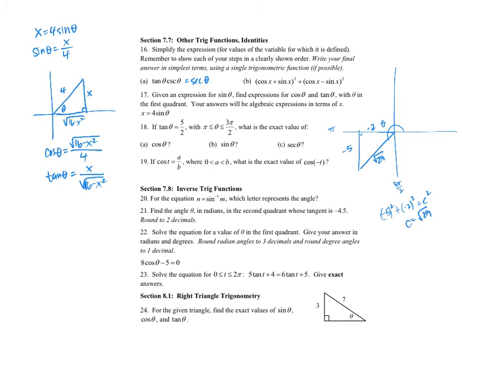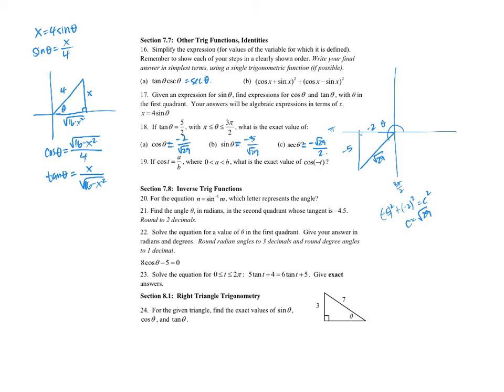Okay, and so cosine theta will be equal to x over r, so -2 over square root of 29. Sine of theta will be y over r, so -5 over square root of 29. And secant theta is 1 over cosine, so I'll just take my cosine and flip that, so it's negative square root of 29 over 2.